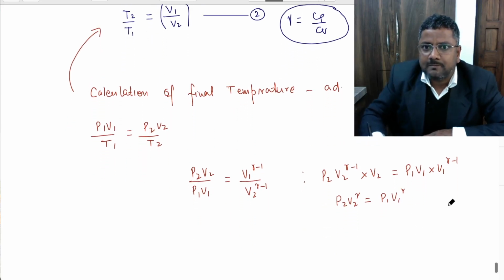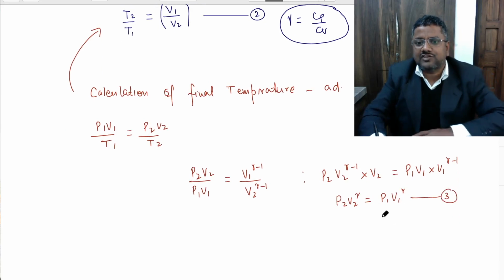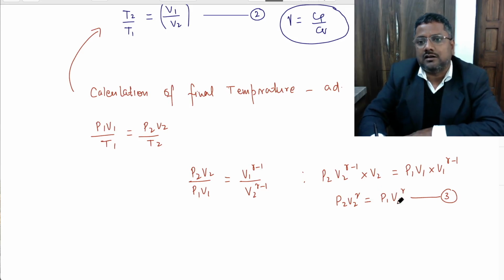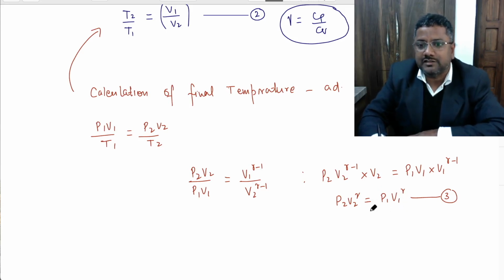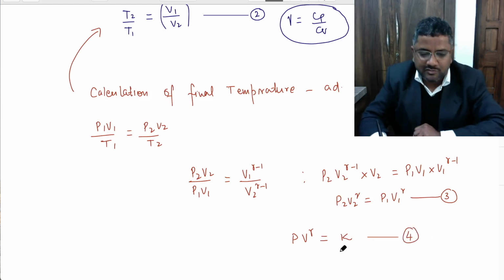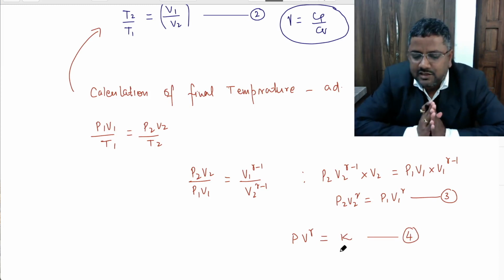So from this equation you can calculate the final pressure if initial pressure and initial and final volume are given, right? Or you can say PV to the power gamma is equal to constant. So this is the adiabatic process. And what is the isothermal process? Isothermal process is PV equal to constant.